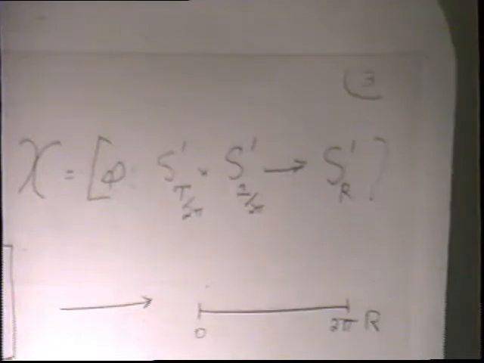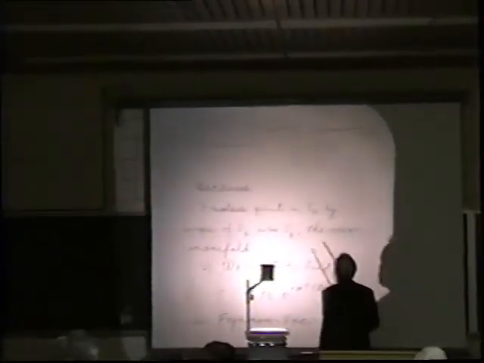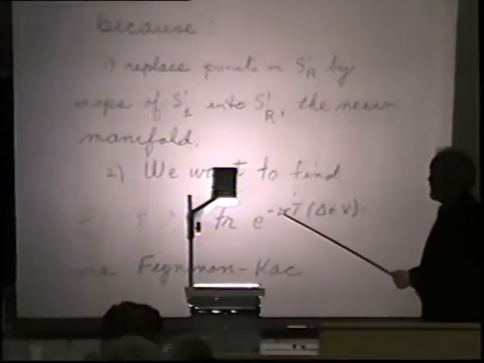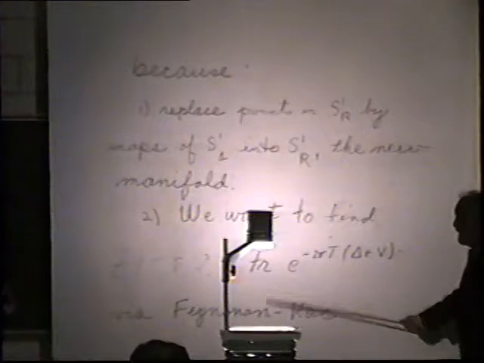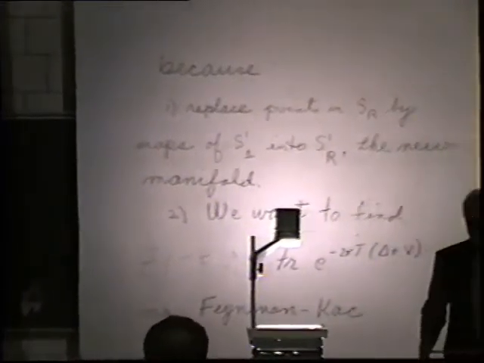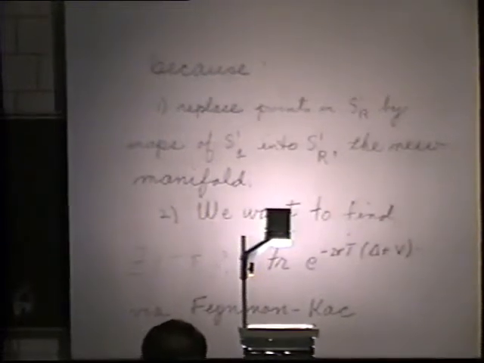So we are talking about these two ideas of replacing the points by maps of S1 into a circle of radius r, and then we want to find the trace of e to the minus 2 pi t of this Schrödinger operator via Feynman-Kac. This would be the partition function Z_{t,r,alpha}, which I'll describe in a moment, for that space.